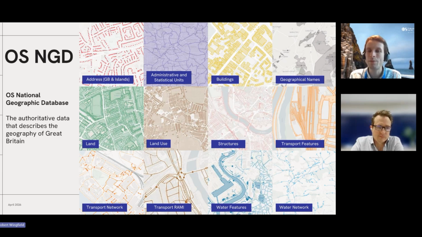Understanding the addresses contained within that land or the buildings contained within that land alongside that classification of land use becomes immensely valuable in bringing all of that insight together for your use case, whether that's planning, architecture, development, whatever that might be. And in turn, thinking about that in terms of structures as well.